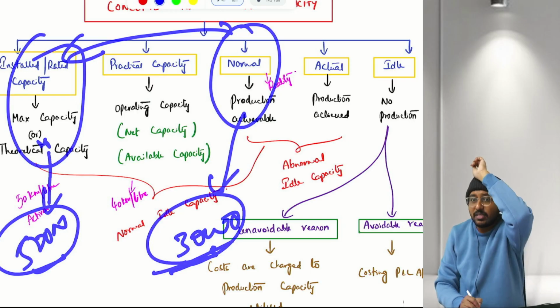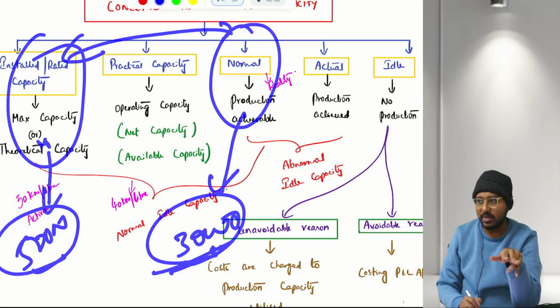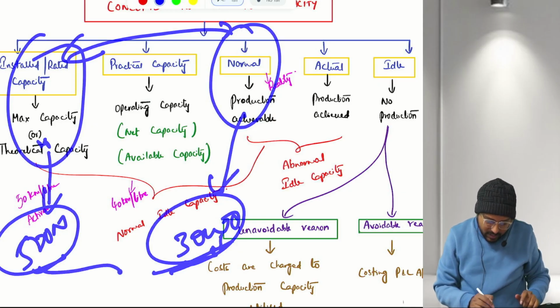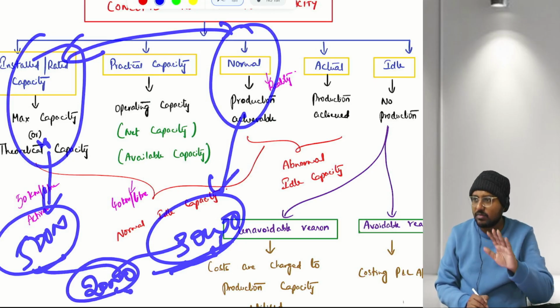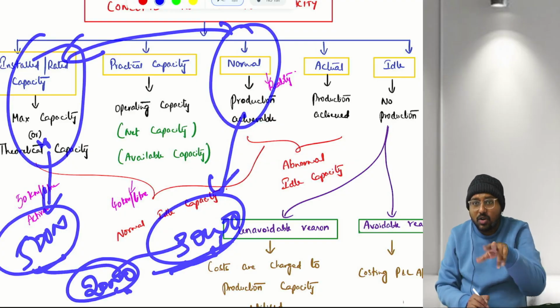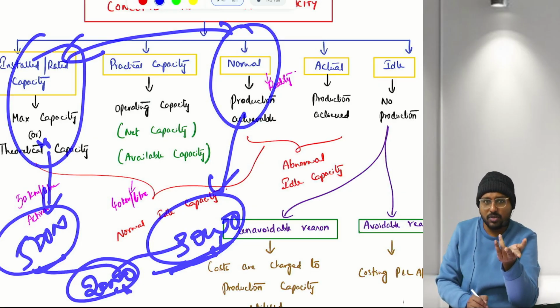Last 6 months, in reality, what you have done, average of that is normal capacity. Correct? Right? Now, the difference between these two, 20,000, is idle capacity. Correct only, na? Idle capacity. Now tell me, this idle capacity is there, na? Is it due to avoidable reason or unavoidable reason? Common sense you can use, you can get the answer.